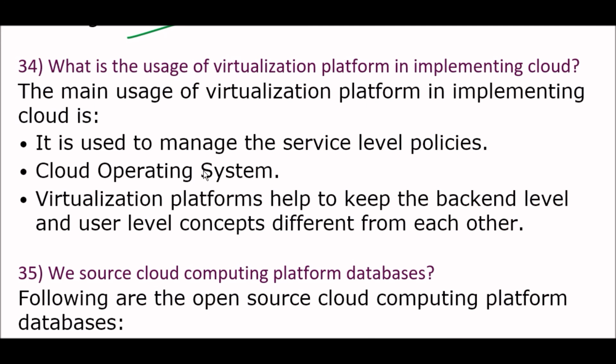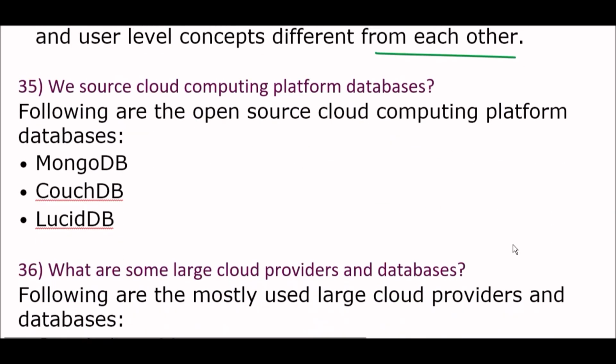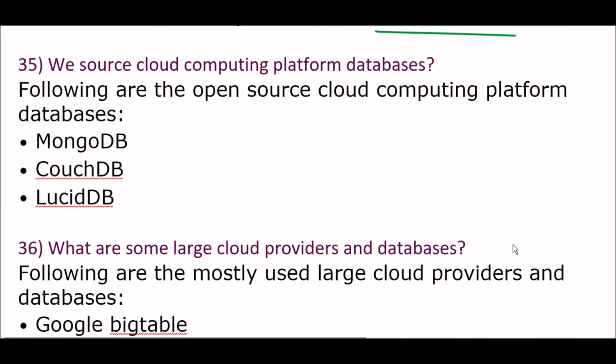Answer is the main uses of virtualization platform in implementing cloud is first one, it's used to manage the service level policies. Next, cloud operating system. Next, virtualization platforms help to keep the backend level and user level concepts different from each other.